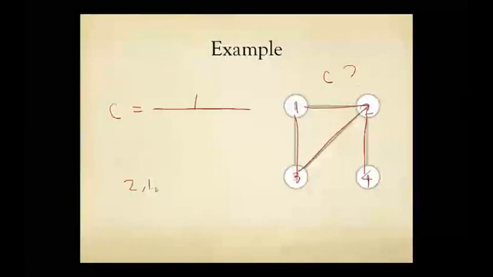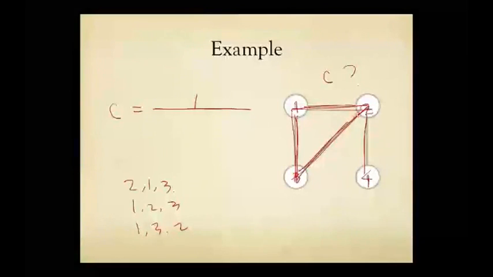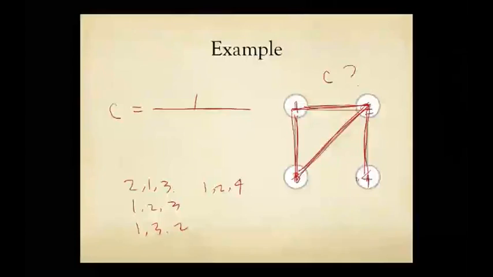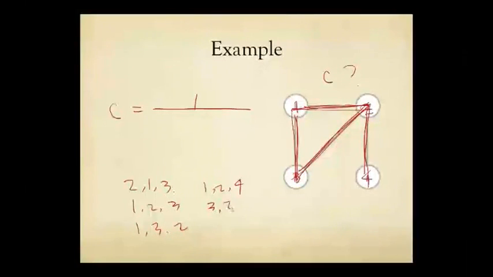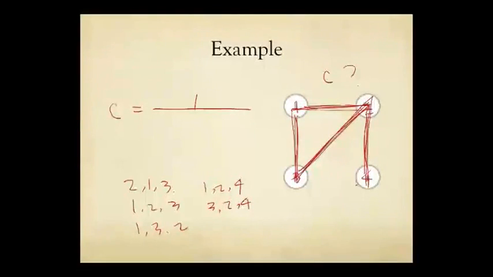2, 1, 3. That's a connected triple. Okay, 1, 2, 3. That's another connected triple. 1, 3, 2. That's another connected triple. 1, 2, 4. That's another connected triple. And 3, 2, 4. That's another connected triple. So there are actually 5 connected triples.